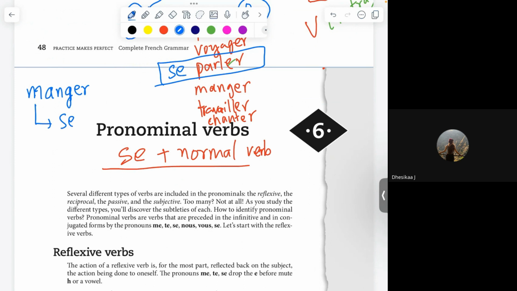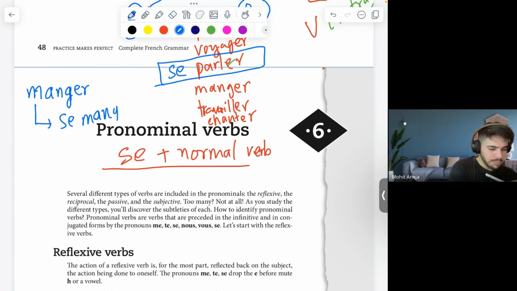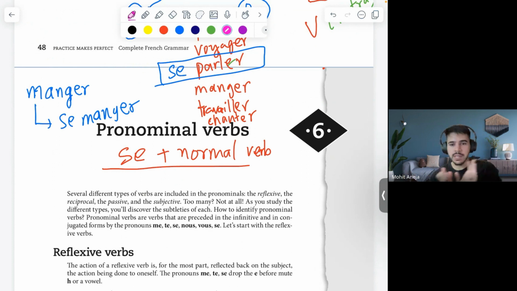Se manger. अब इट्स पॉसिबल, मैंने बना तो दिया, ठीक है, ऐसे बनता है, दैट्स करेक्ट, बट क्या ये एग्जिस्ट करता है 100%? आई विल हैव टू चेक, ठीक है। बनाने का तरीका इज दिस, दैट वाज व्हाट आई वाज टीचिंग यू, ठीक है, बट क्या ये एग्जिस्ट करता है? नो, दैट आई नीड टू चेक, हर वर्ब के लिए आई नीड टू चेक, बट आई नीड टू मेक श्योर कि se लगाना मेरे को आना चाहिए। दैट इज हाउ प्रोनोमिनल वर्ब्स आर फॉर्म्ड। इतना समझ में आ गया, नॉर्मल वर्ब से प्रोनोमिनल वर्ब्स कैसे समझते हैं, कैसे बनाते हैं?